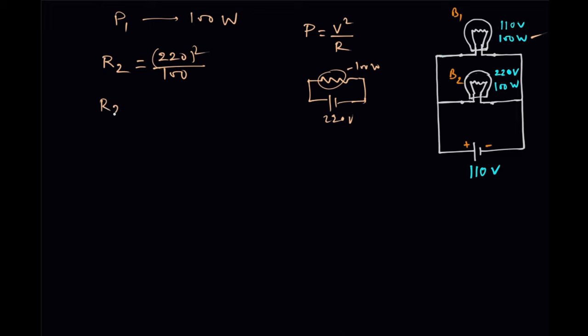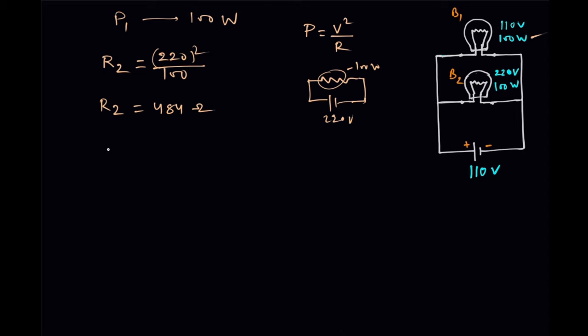So R2 is equal to how much? It is 484 ohm. This is the resistance of this bulb. You can see that this bulb is connected across 110 volt, so 110 volt is applied across this resistance.